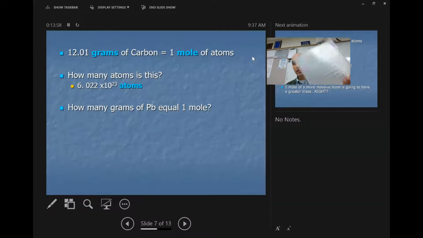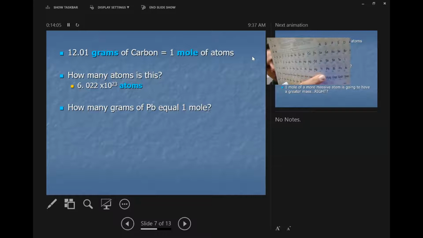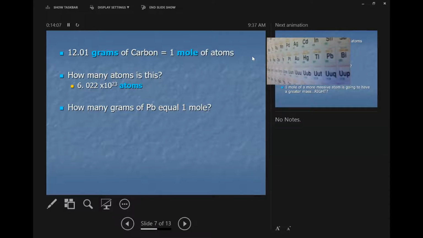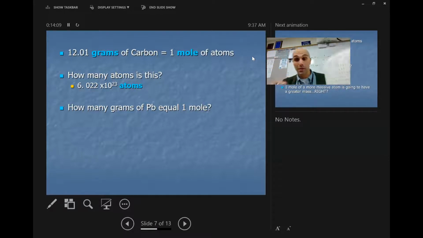You went to the periodic table, you found lead, Pb, right there. You read that 207.2 grams from the periodic table of lead are equal to exactly 1 mole.